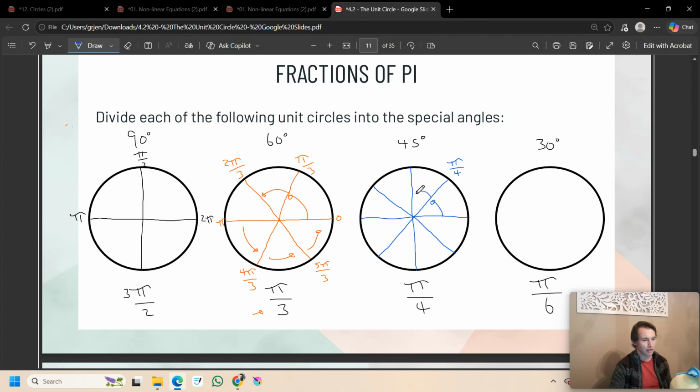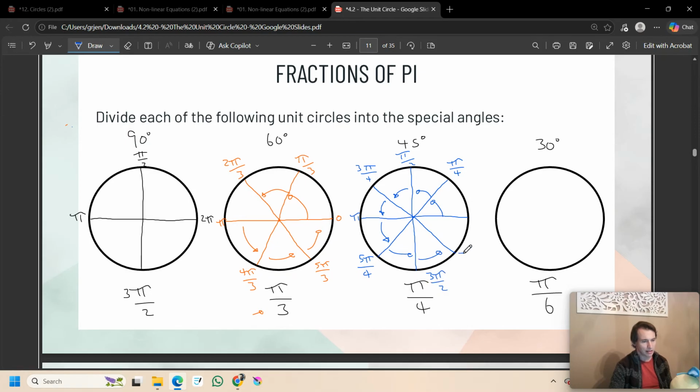And then we go there, that's pi on 2. And then this would be 3 pi on 4. And then this is 4 pi on 4, which is weird because it's only half of the pizza. And then we go down here, and that's 5 pi on 4. This is 6 pi on 4, but we have a better way of saying that, 3 pi on 2.